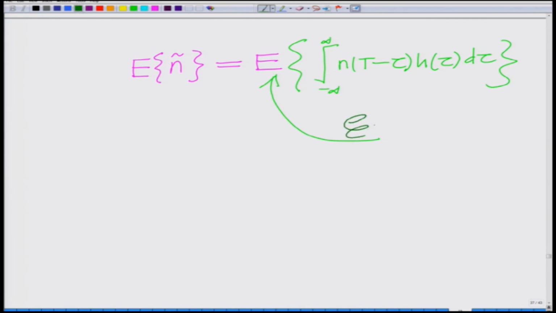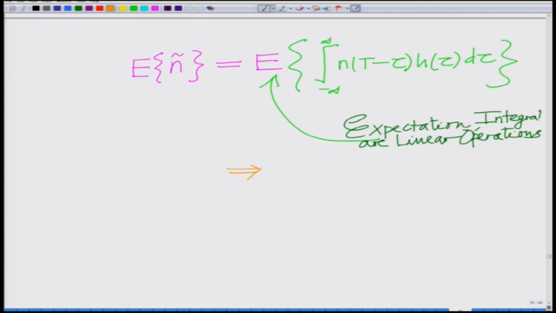Since expectation and integral are linear operations, I can take the expectation operator inside the integral, and then you will see something very interesting.